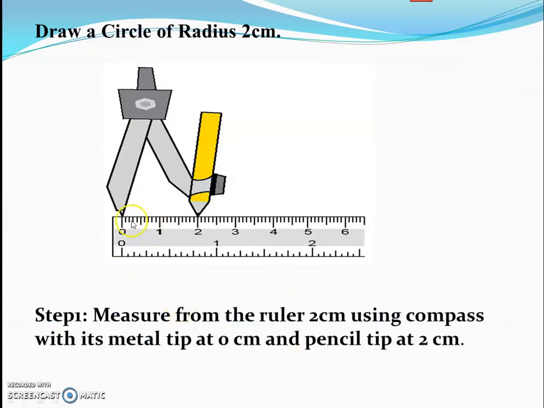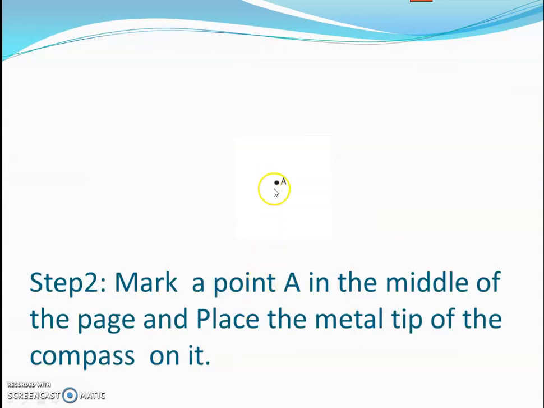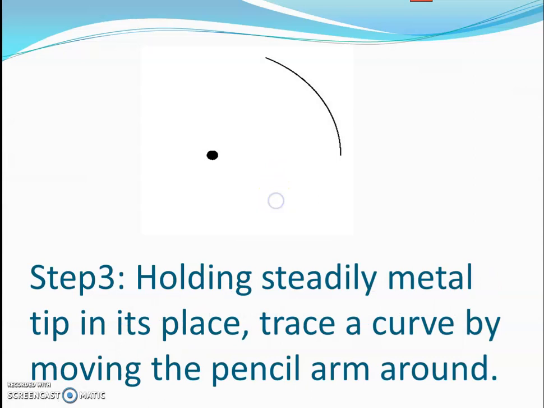Once again, measure the given centimeter using a compass with the metal tip and pencil. Next step is to mark a point A on the sheet of paper, in the middle of the page, and place the metal tip of the compass on this point A. Then start tracing, holding the metal tip steadily in its place.